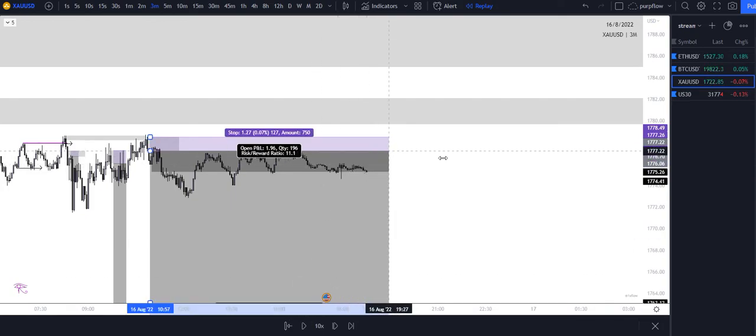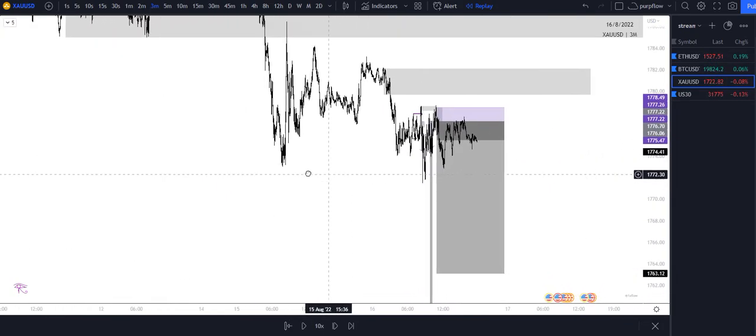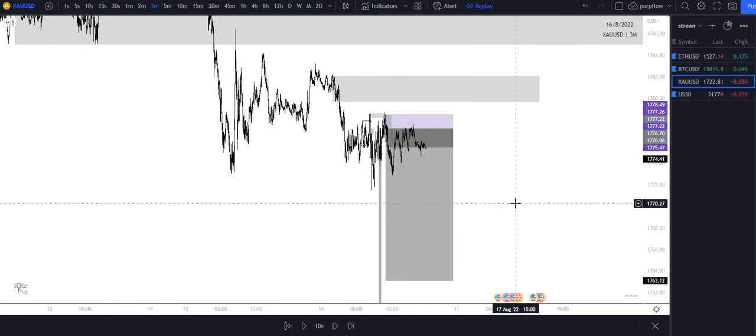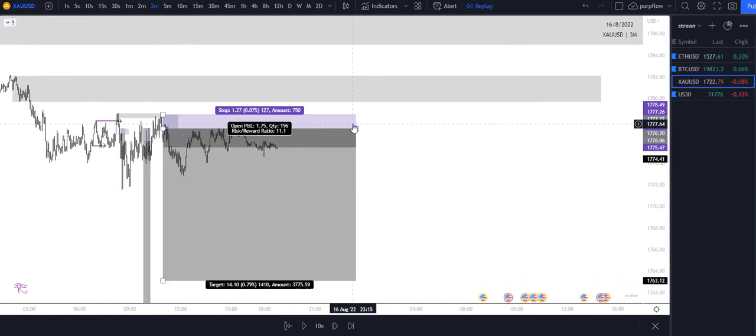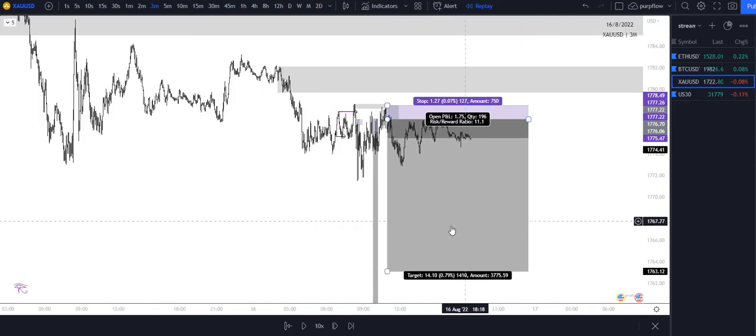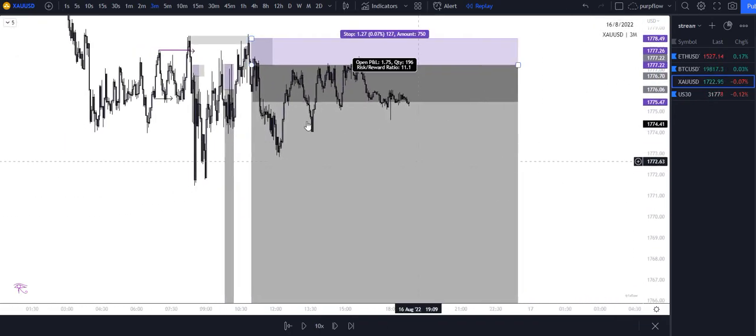Right, so let's watch what happens here. Could we end up raiding the highs? Yes, we completely could and come into this area of supply. Let's just watch this, see how this plays out, see if we can get into any trades like this. But at this point in time, right, remember, we were break even after this low was taken out right here.